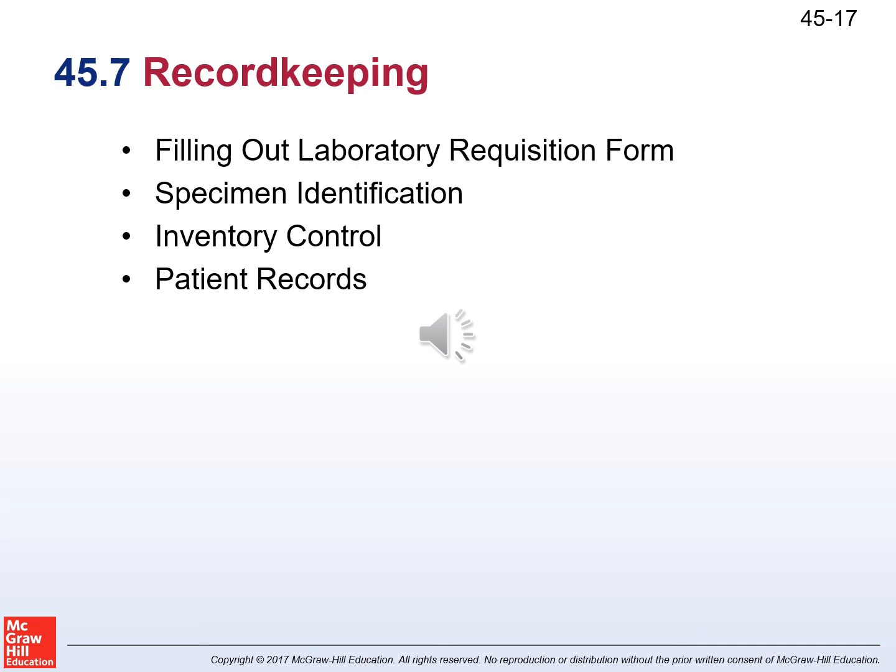All specimens must immediately be identified by the patient's name, ID code, date, and time the specimen was collected. Initials of the person collecting the specimen, the physician's name, and other information as required by the test procedure or facility. Inventory control of equipment and supplies in the POL must be routinely managed and recorded systematically.